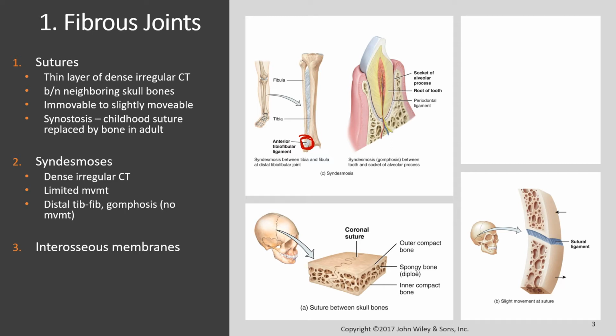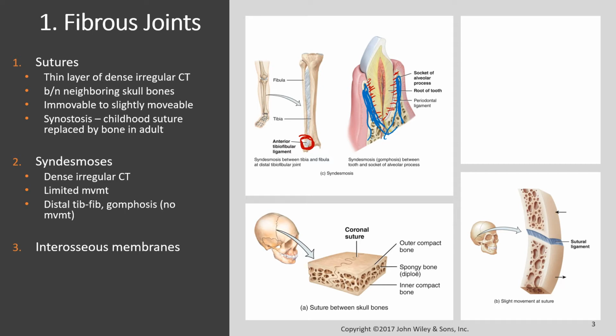We also can see it in the teeth, where we've got this little joint here that's holding that tooth in, and we've got some dense irregular CT. This is called the gomphosis, which is being held in the mandible or in your maxilla. And here you're going to have your alveolar processes that you learned about sticking up here, and that's what's going to be holding in that tooth. So again, very limited movement, dense irregular CT.